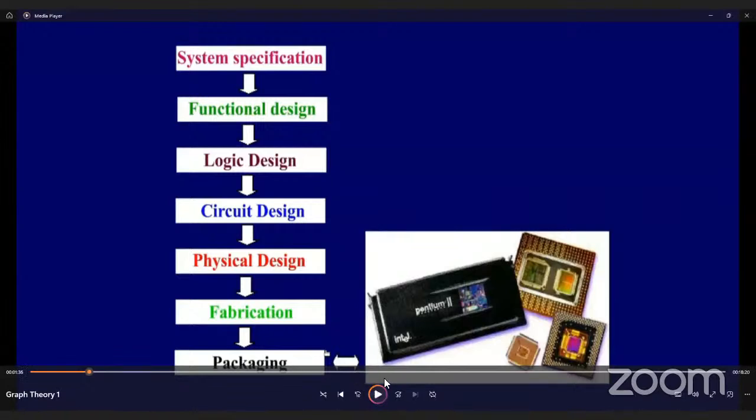For example, Pentium and all the things you have in your handphone, laptop, or car, wherever. So that is the packaging.